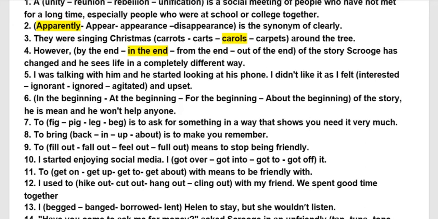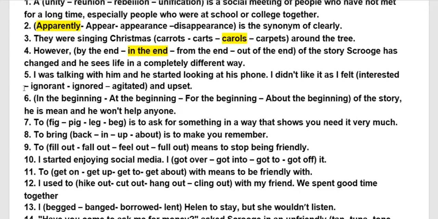I was talking with him and he started looking at his phone. I didn't like it as I felt interested, ignorant, ignored or aggregated? Let's discuss first the meaning of ignorant. Ignorant here: do not know something.